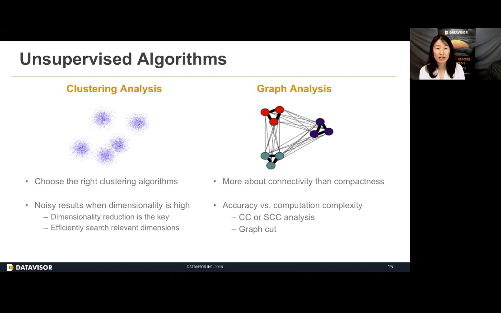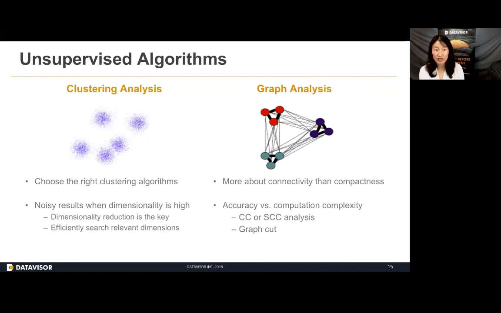The first is clustering analysis. On the high level, it identifies similar users or events in a high-dimensional space. In the fraud space, one attacker usually controls many different little accounts to conduct bad behaviors, so these bad accounts' behavior naturally clusters.